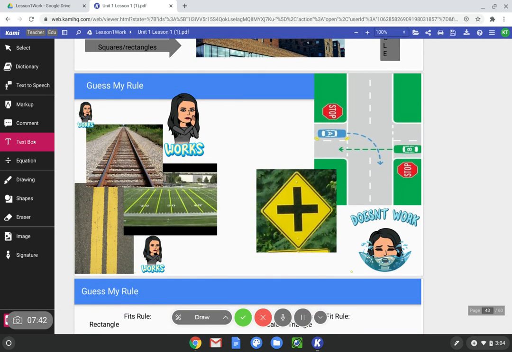So let's look at the rules here. Let's try to figure out what the rules are in these sets, back on the drawing, these sets of lines versus these sets of lines. The pictures on the left seem to be working, with lines that don't touch.